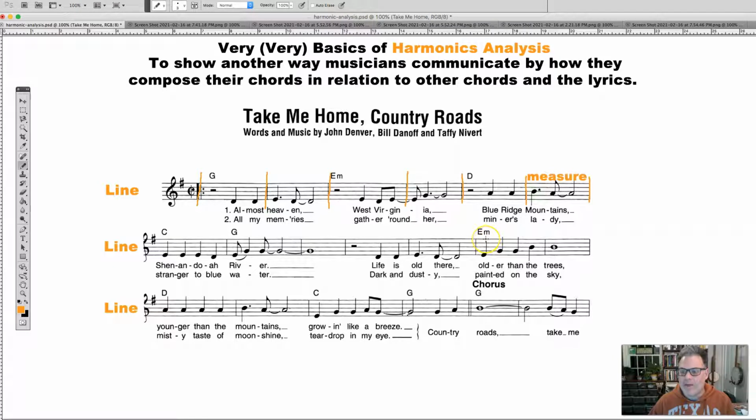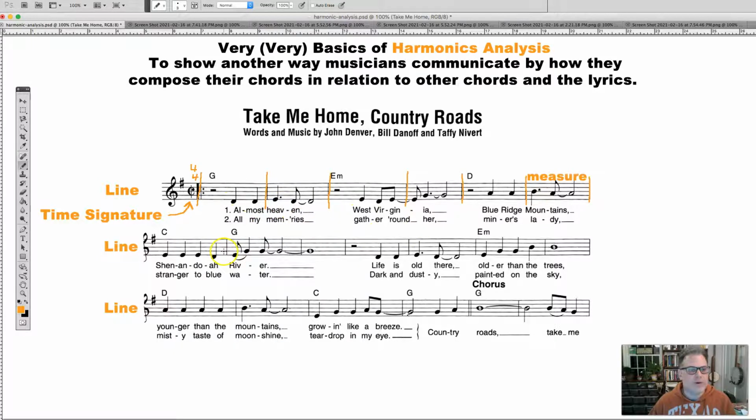How many notes per measure depends on your time signature, and the time signature here is right here. This one is in something called common time, which is essentially 4/4, which means you're going to have 4 beats per measure.